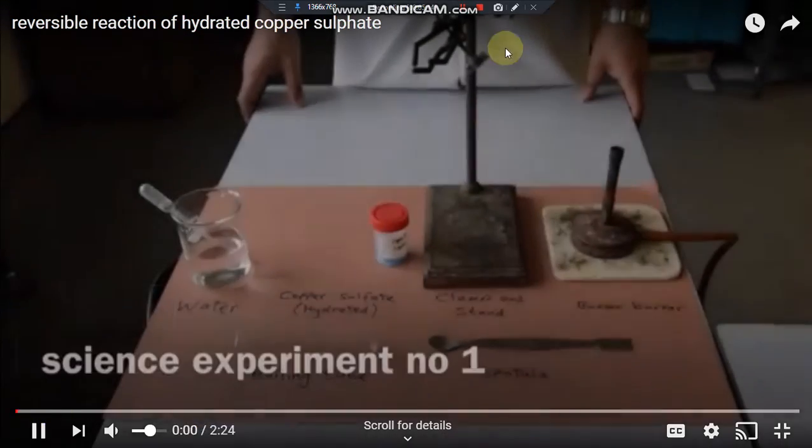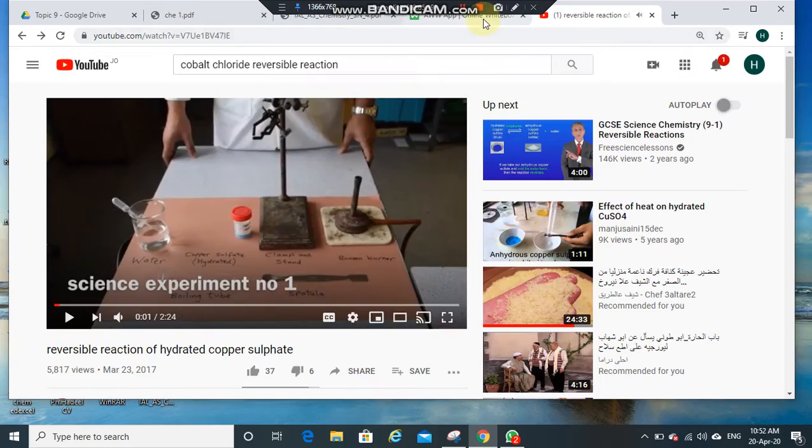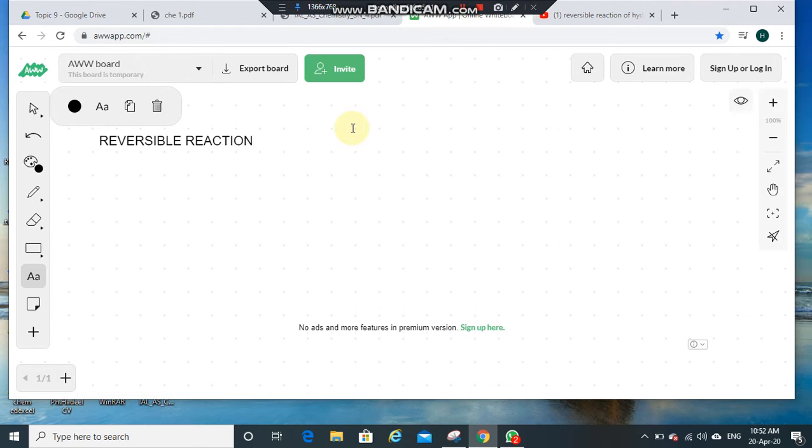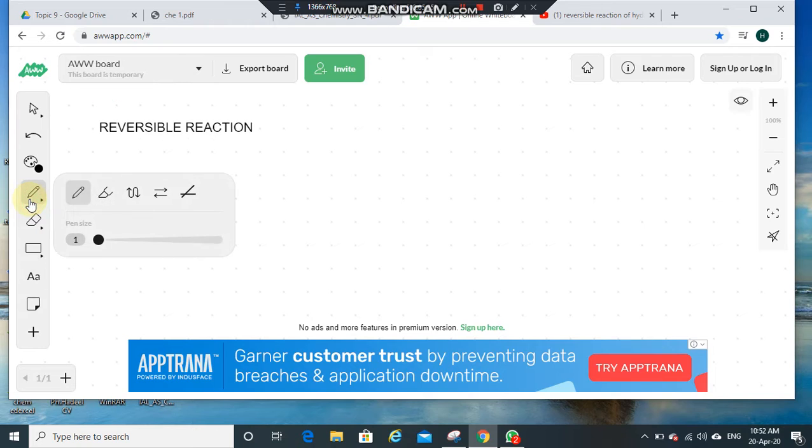So guys, this reversible reaction, we can write it as a chemical reaction. He started the experiment with hydrous copper sulfate.